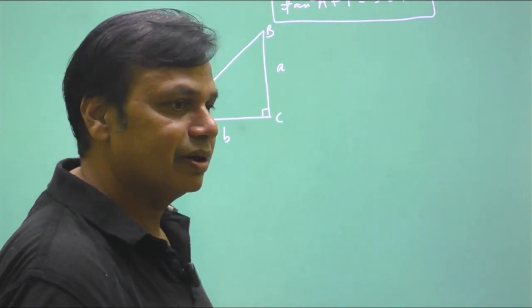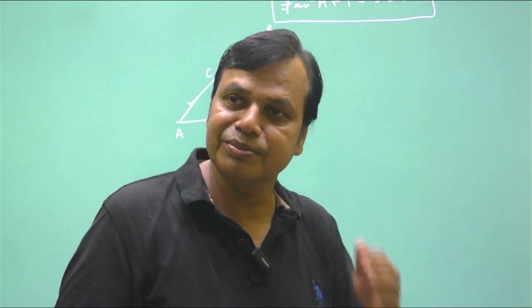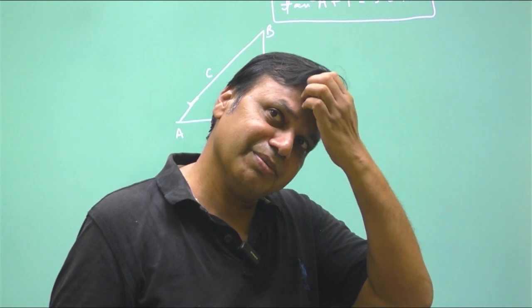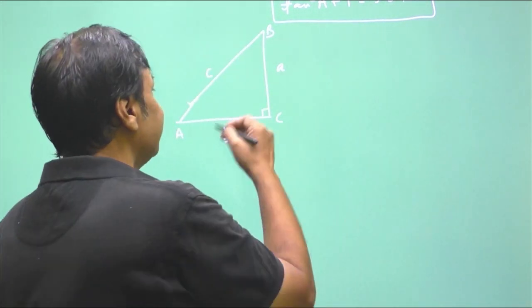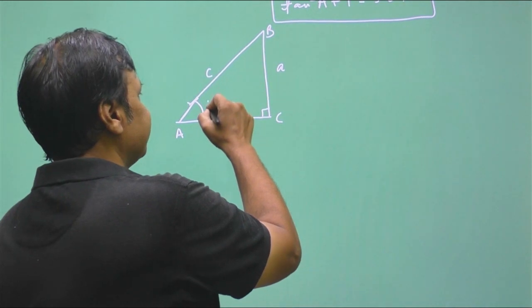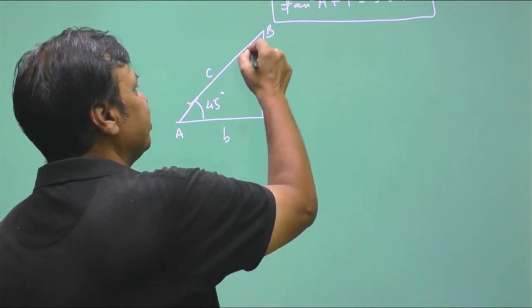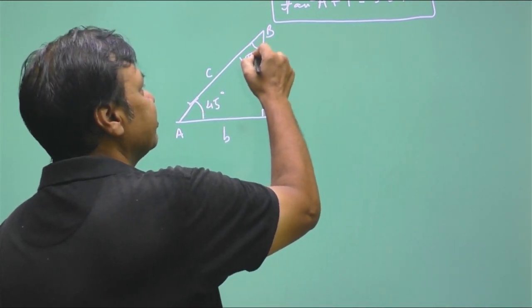And if we assume an interesting situation, make it an isosceles triangle and take this angle as 45 degree or pi by 4 radian. This angle is again 45 degree.